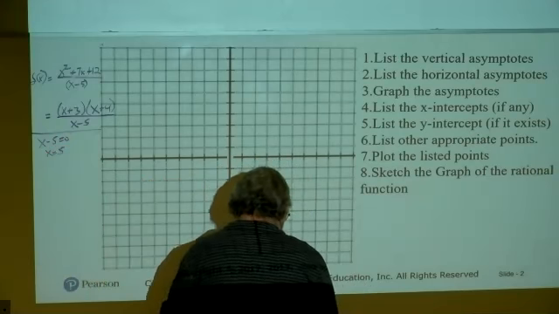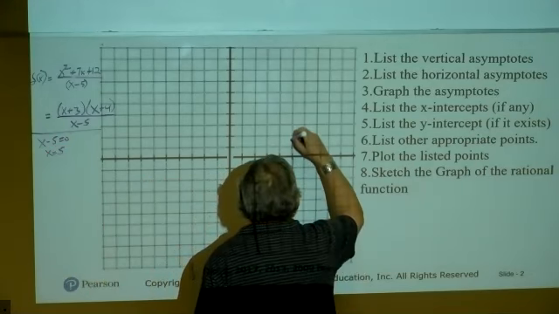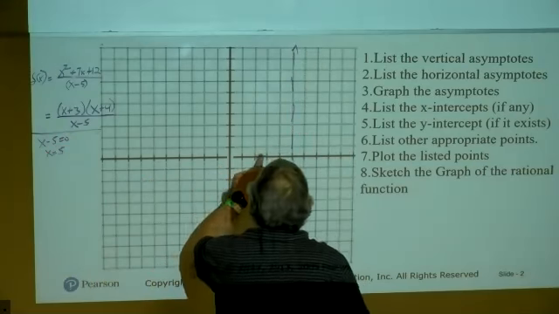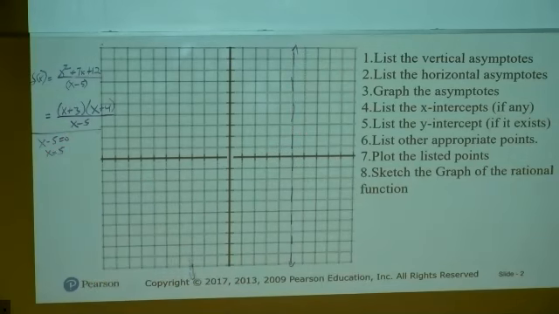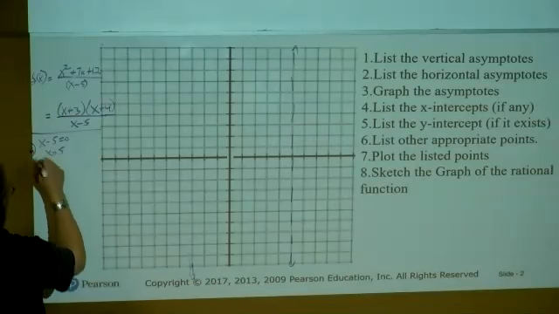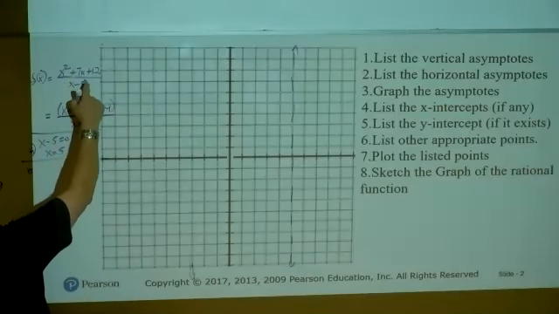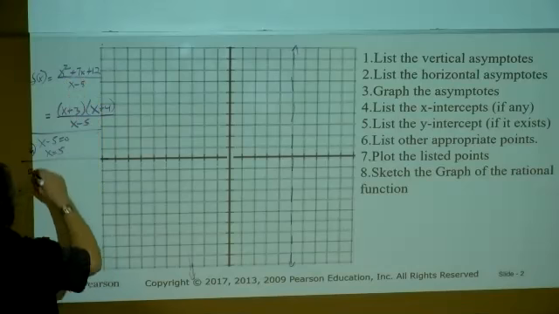So we have a vertical asymptote at positive 5. So that was A. So B depends upon the degree of my numerator versus the degree of the denominator.